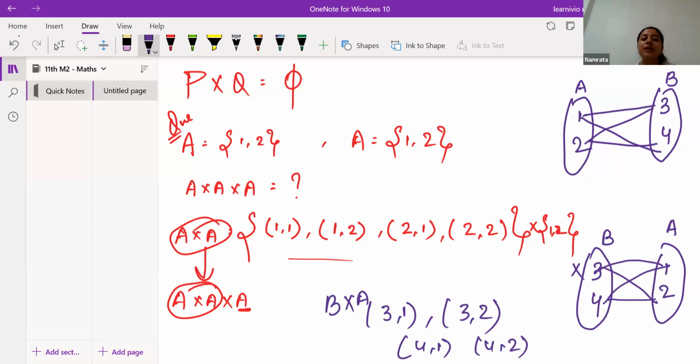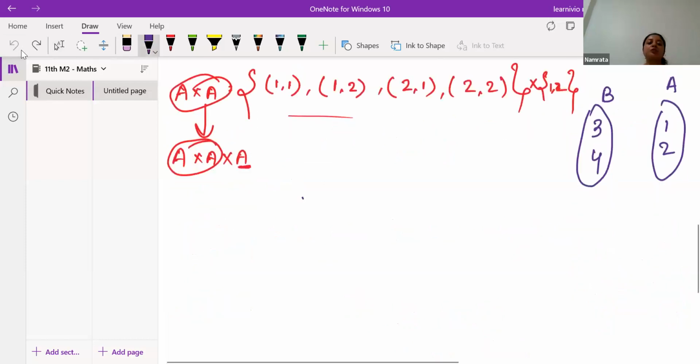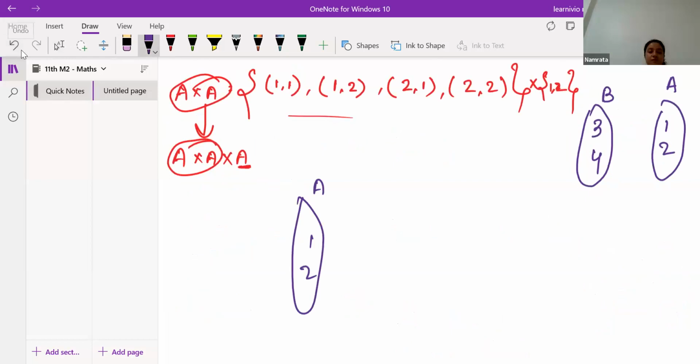So if we have to make A cross A cross A and there is only one set A, let me show you how we are making it. Suppose only A is given, that is 1, 2, and we have to find A cross A cross A. We know A cross A means ordered pairs: one element of this one with one element of that one.